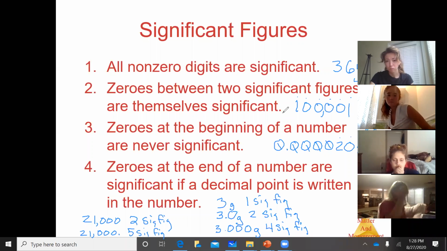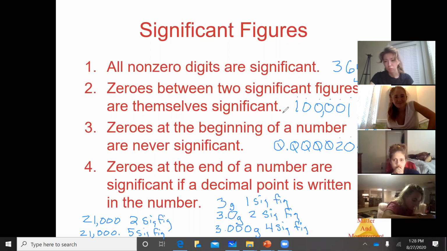If you have 2 numbers and you're multiplying them together and one of them only has 1 sig fig, your final answer can only have 1 sig fig. It tends to drive some of my students crazy because they're like, but this number was so precise when it came out of the calculator. Yeah, but the number you plugged in wasn't a good number. It was a low precision number, so your final answer is low precision. Okay, cool.